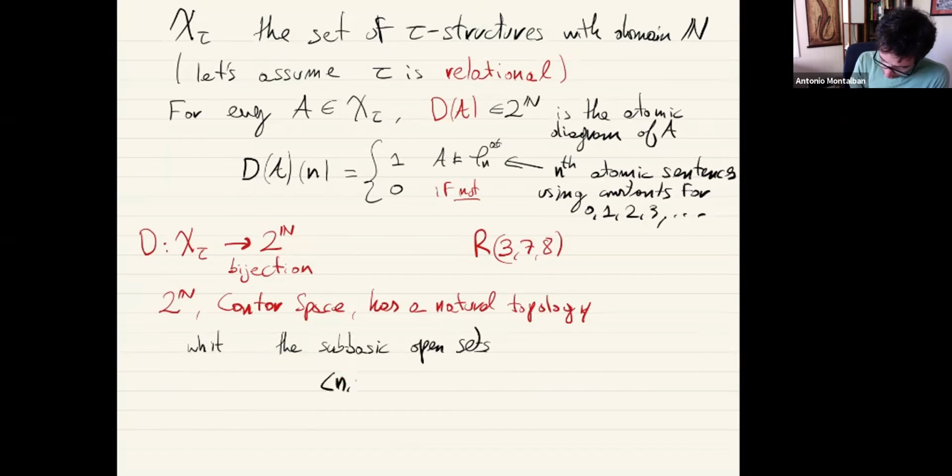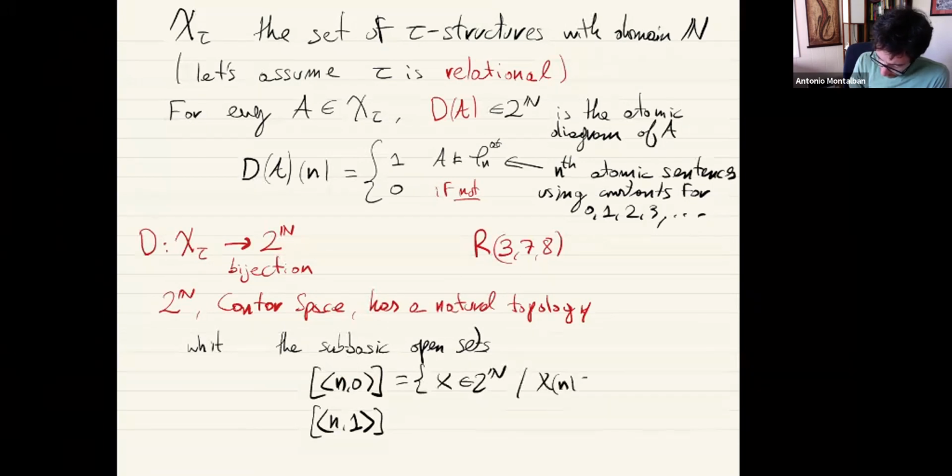I'm going to take a pair n, 0 and n, 1. I'm going to define this: the set of all x's in 2 to the omega such that x of n equals 0, and the set of all x's in 2 to the omega such that x of n equals 1.